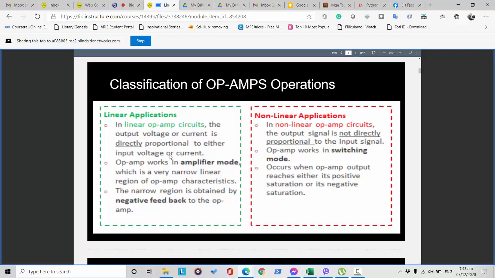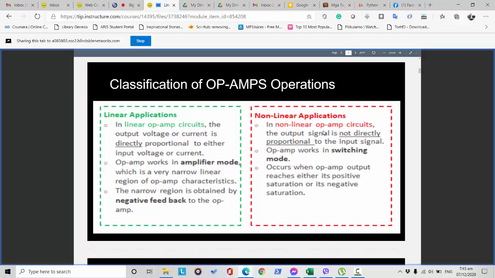This type of linear application acts as an amplifier. On the other hand, the nonlinear application acts as a switch. So this is the amplifier mode, while the other one is the switching mode.